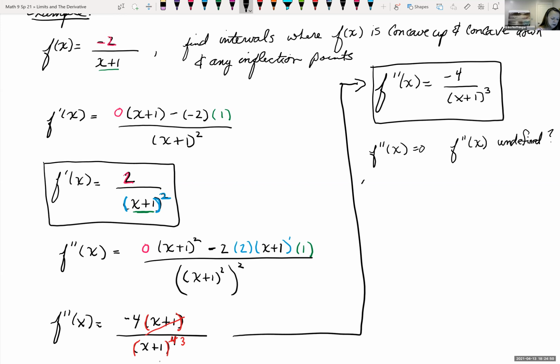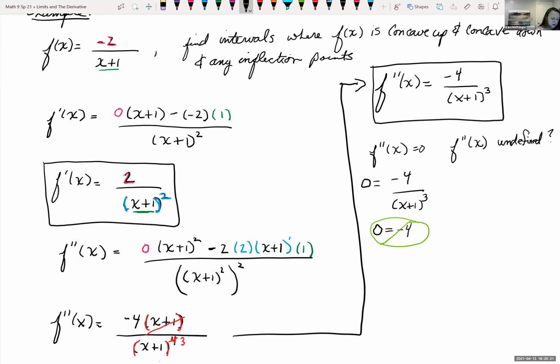If we set this equal to 0, again, if we're looking at a rational function when it's equal to 0, we're really not worried about the numerator. So x plus 1 quantity cubed, if we multiply that by both sides of our equation, we get 0 equals -4, which is false. So this never happens. There's no value of x which sets it equal to 0.